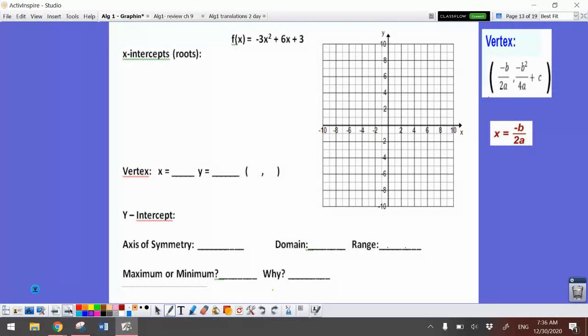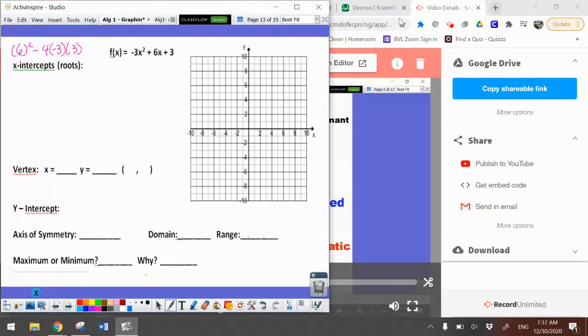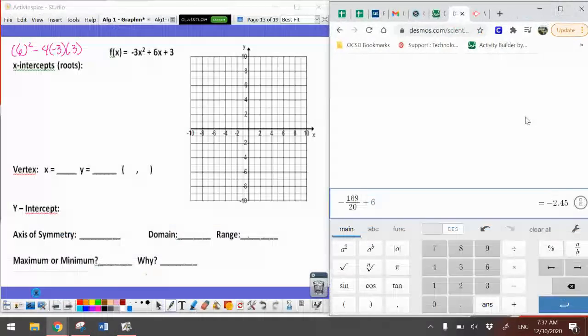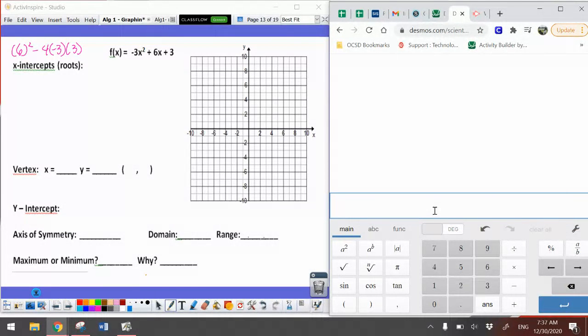So we've got to start with our roots. So let's start with our b squared minus 4ac. So 6 squared minus 4 times negative 3 times 3. And let's see how many roots we actually have. All right.